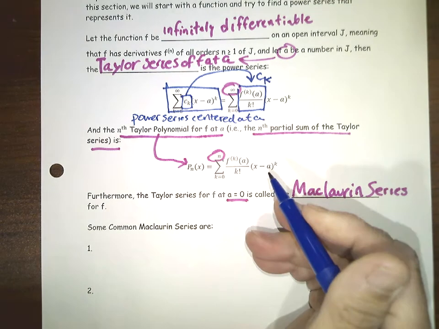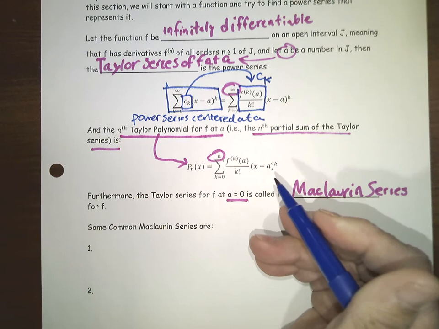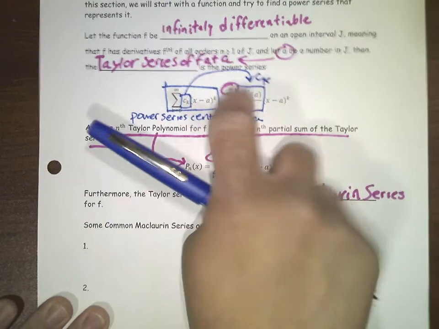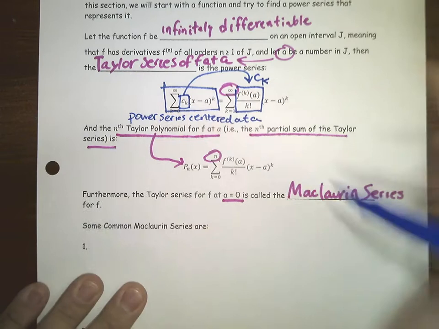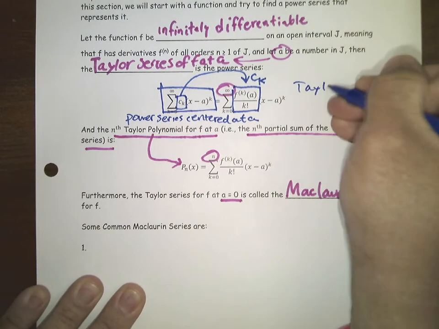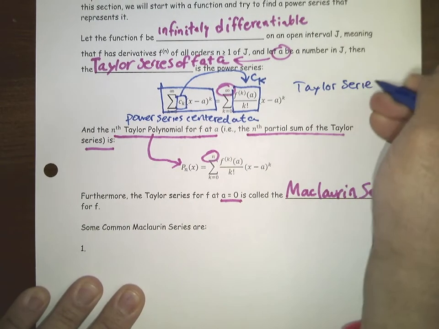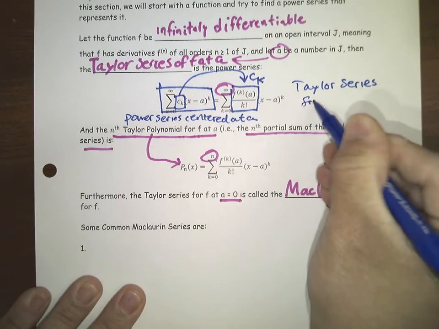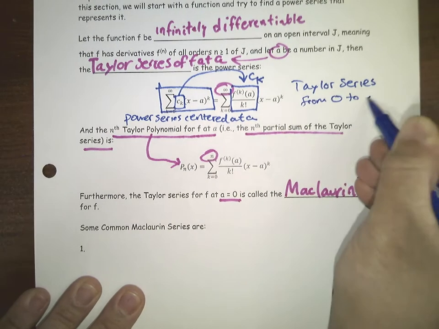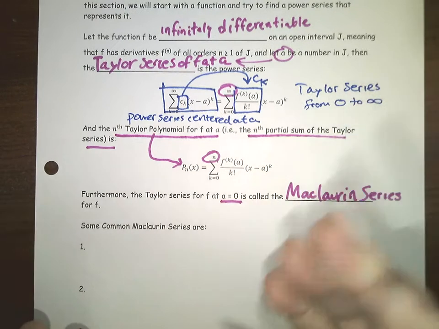All right, so just try to remember that this is from 0 to infinity. So this is a Taylor series. So a Taylor series is the series all the way from 0, all the terms 0 to infinity.